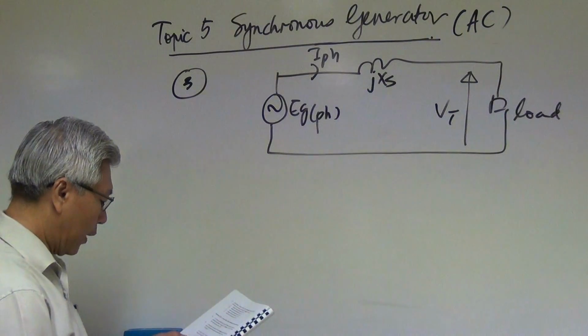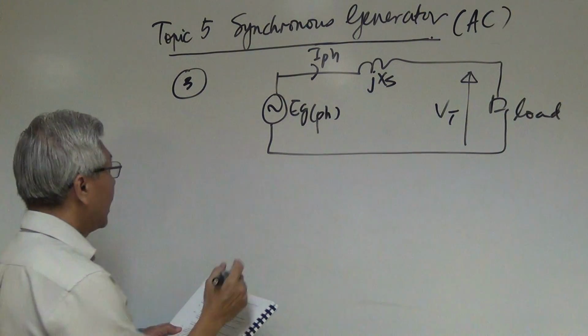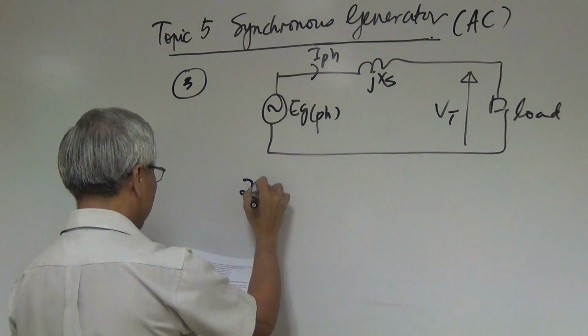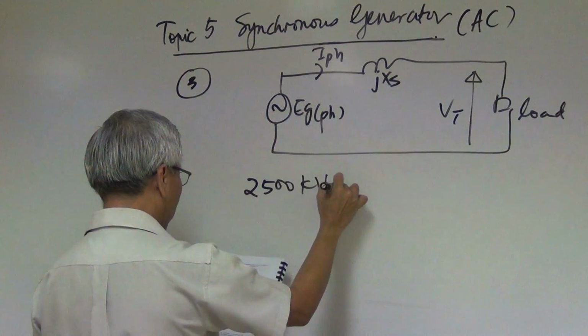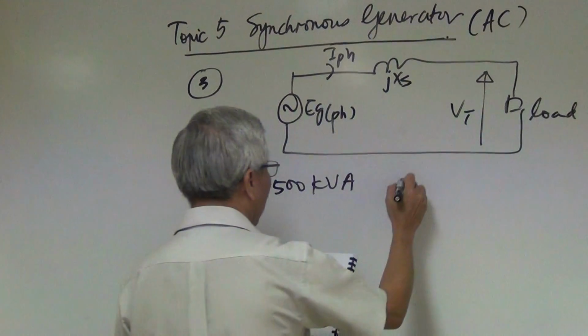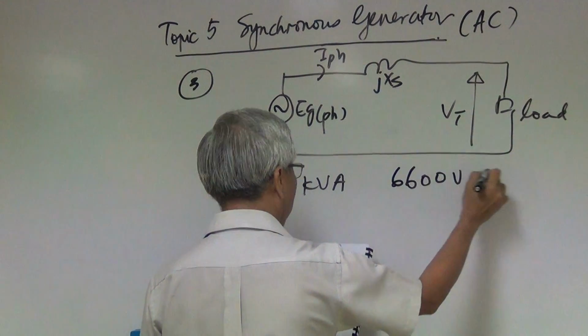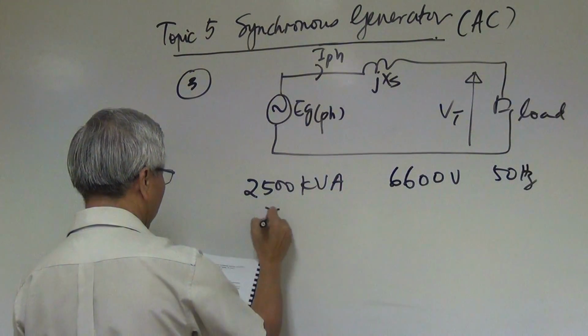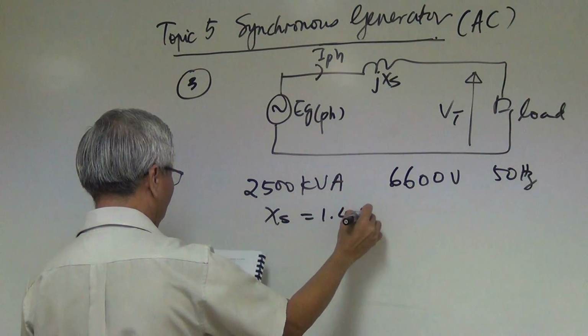Say for example in this question it says there is a 2005 kVA synchronous generator, 6,600 volt, 50 Hertz, 3-phase, with synchronous reactance equal to 1.4 ohm per phase.